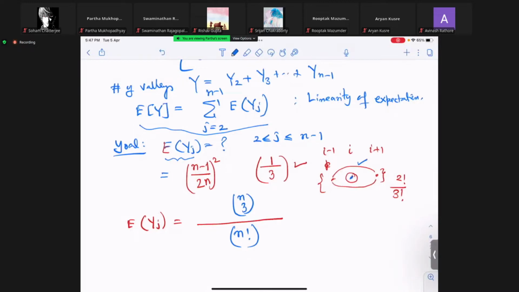The other 2 I can permute in 2 factorial ways, and the rest, n minus 3, I can permute in n minus 3 factorial ways. That's it. But his argument is better. This is a more elaborate argument if you are not so quick in thinking.